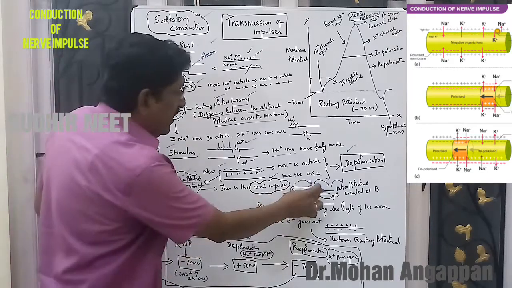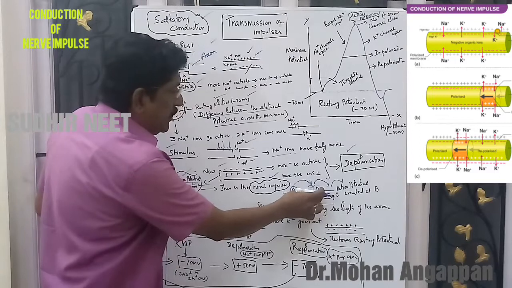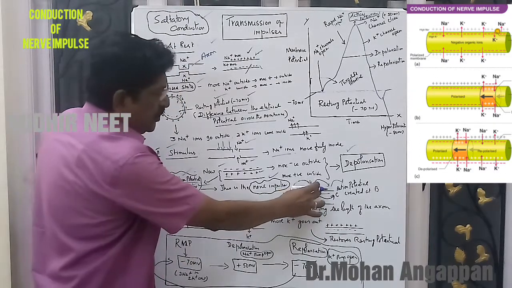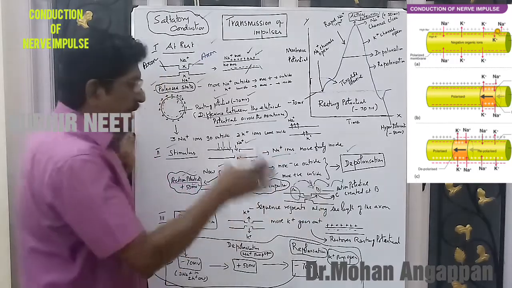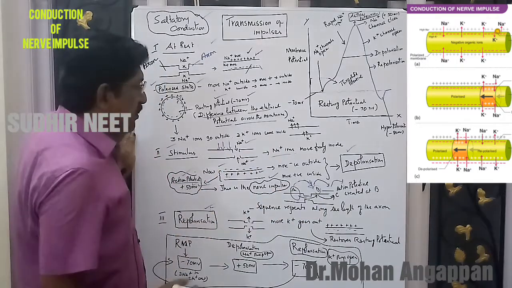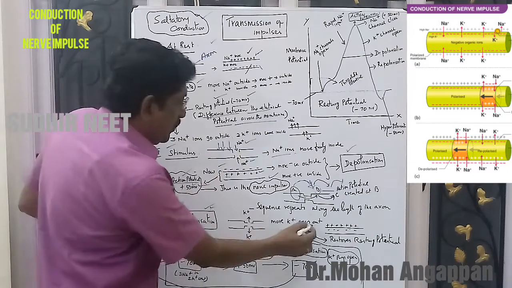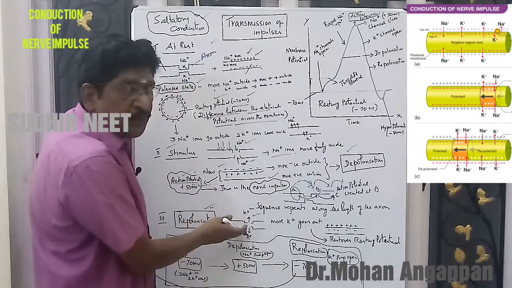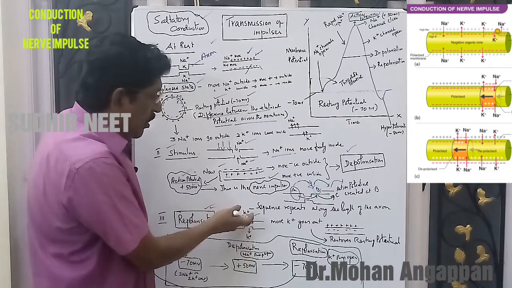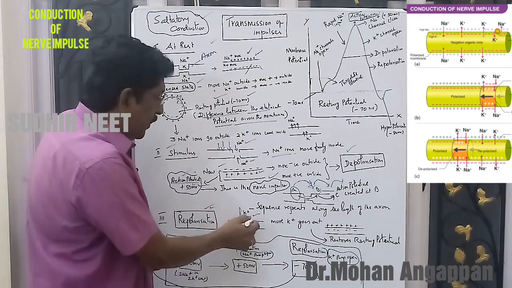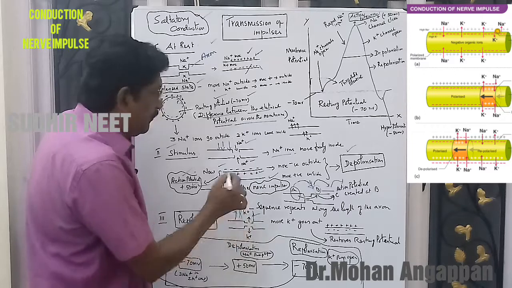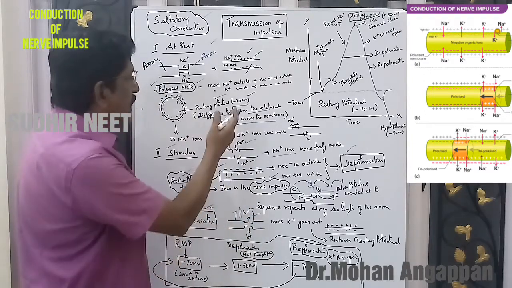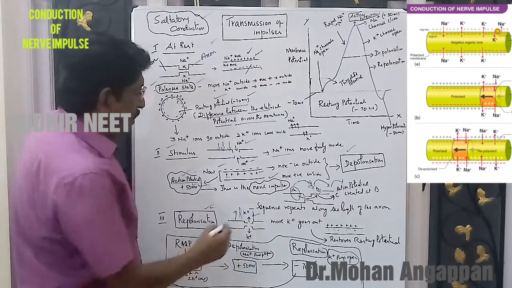Now after reaching point B, the depolarized stage becomes repolarized. What do you mean by repolarization? You can see the sodium channels are closed, potassium channels open, and more potassium ions go out. By which it once again regains the resting potential.